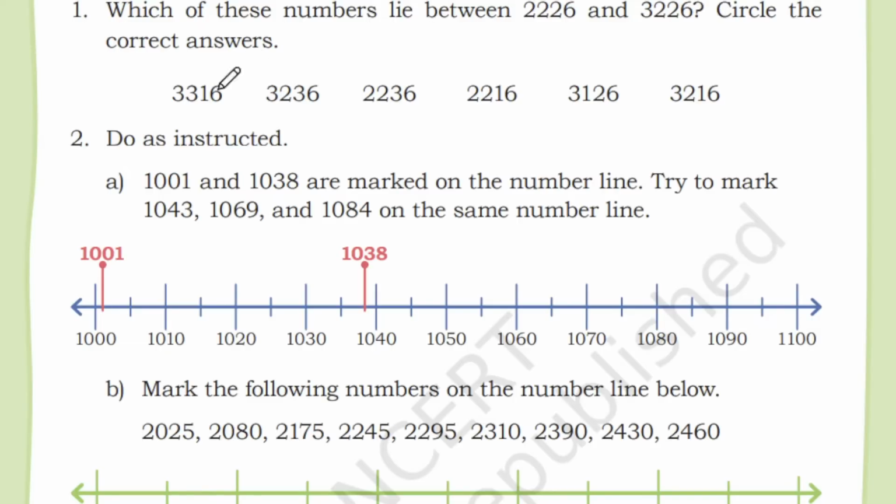So first we have 3300, which is greater than this. So this one is not. Next 3236, again it's greater. Next 2236. Yes, this is lying between. Next 2216, which is less than 2226. Not this one.